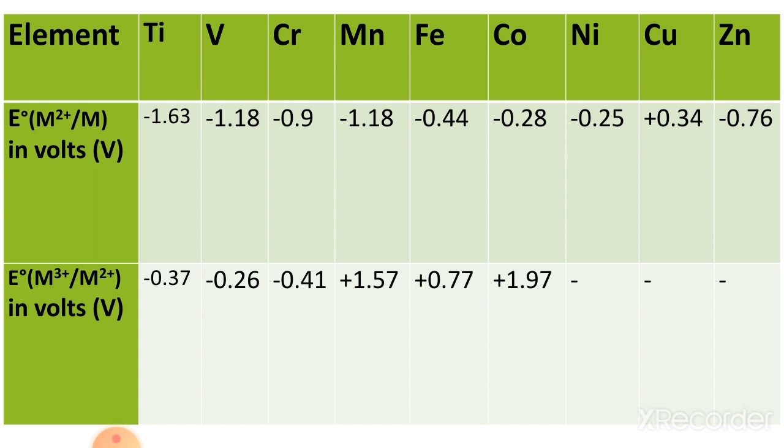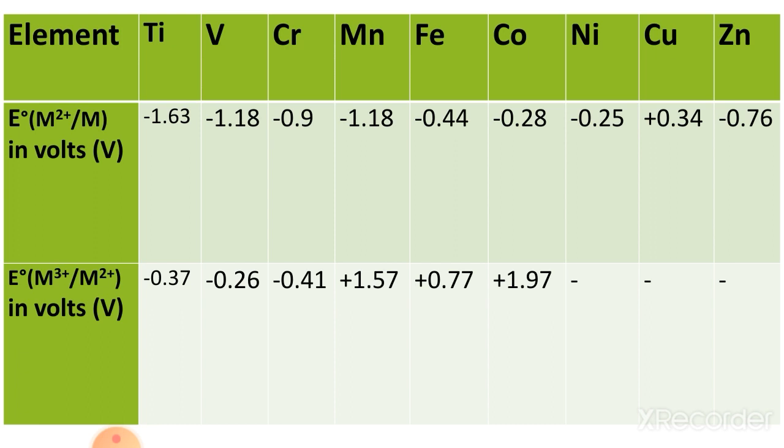Then note down some more points: the comparatively high value of E naught in the Mn3 plus oblique Mn2 plus case shows that Mn2 plus is very stable, on account of the stable d5 configuration of Mn2 plus. That's why the conversion of Mn2 plus to Mn3 plus shows the E naught value plus 1.537.